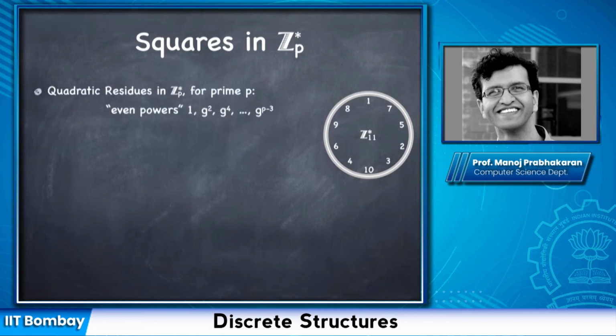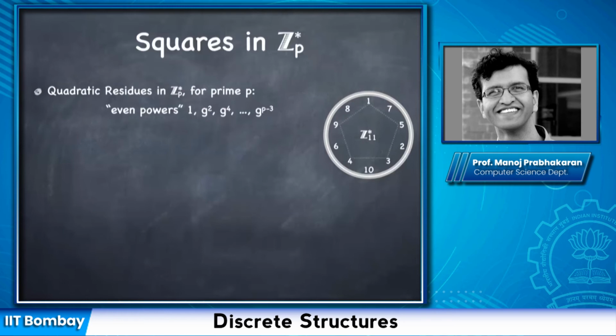Okay, so in this picture then, the quadratic residues are, so something like 5 here is 7 squared. 3 here is 7 to the power 4, which means it is 7 squared squared. 4 here is 7 to the power 6, which means it is 7 cubed squared. So all the quadratic residues are the even powers.